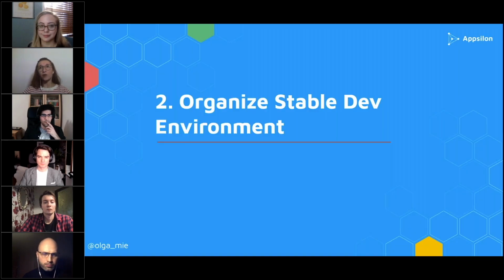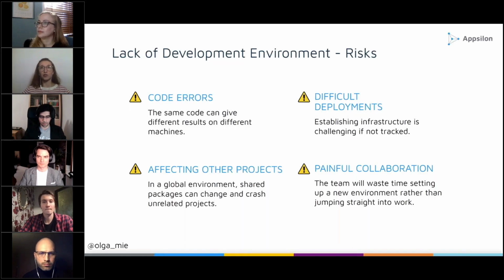Okay, so how should your development environment actually look? Let's start the other way around. What happens if you don't take care of it? The development environment is a crucial part of working in R, and it's not only Shiny specific.